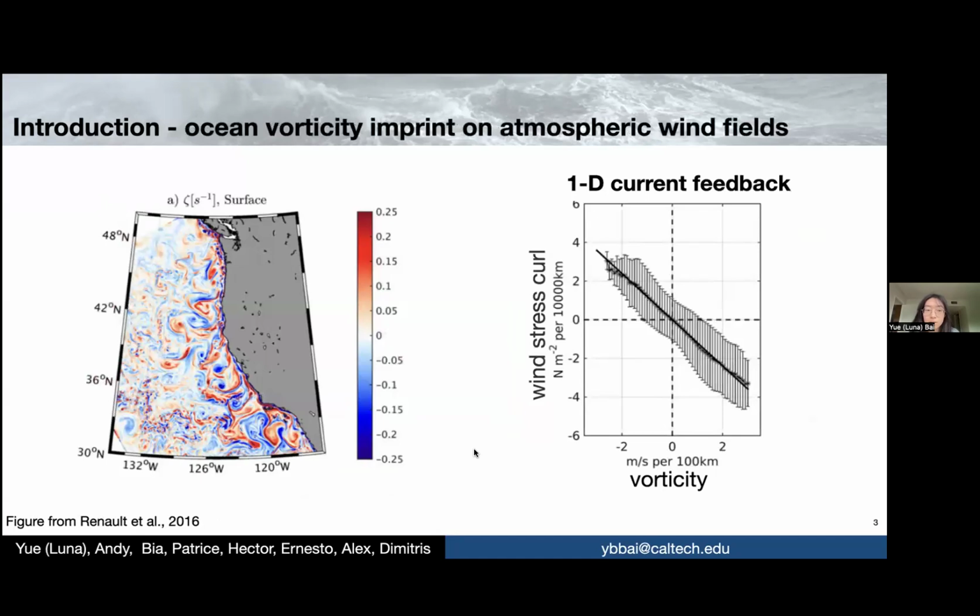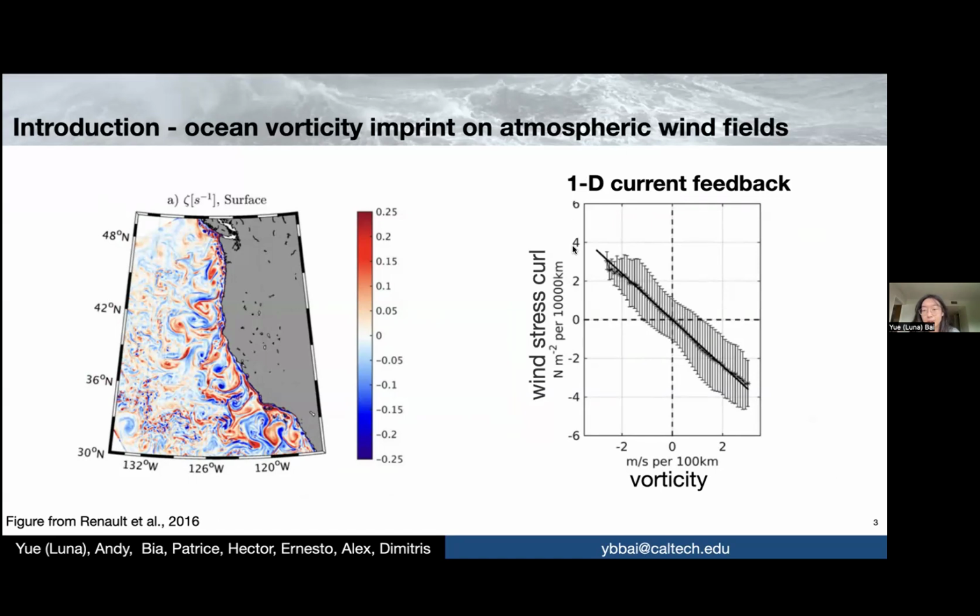So are there any other surface ocean features that can impact the atmosphere? Here is an example study by Renault et al. 2016. This is a numerical simulation, and on the left is a snapshot of their ocean surface vorticity. I can't find a plot for the wind stress curl, but if there were one, we should be able to see that they're also highly spatially correlated.